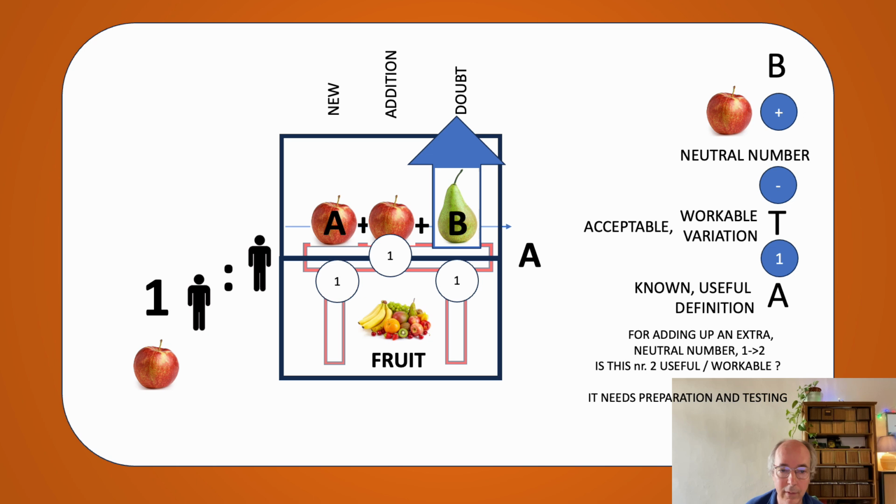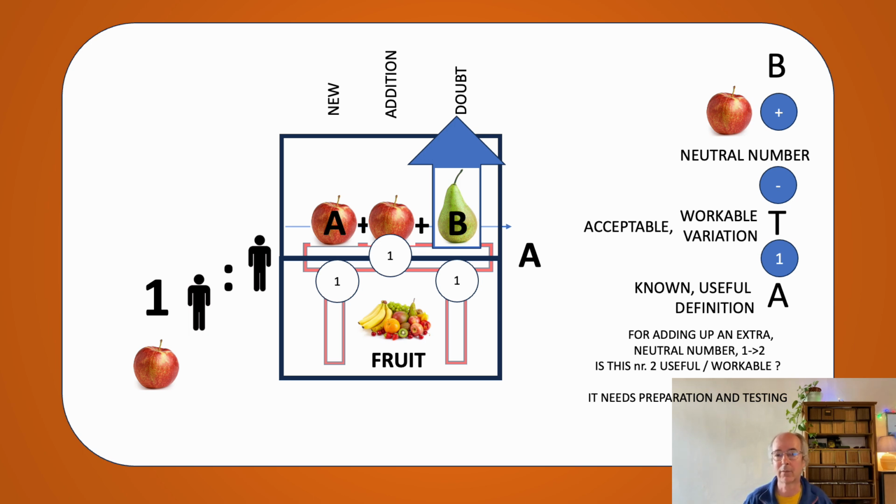So with the useful definition, which is here 1, this is embedded in the idea of what we have as the letter A. Anything that is acceptable within this definition, with a workable variation, we can still add it up and add it to it, and we will count it as well.